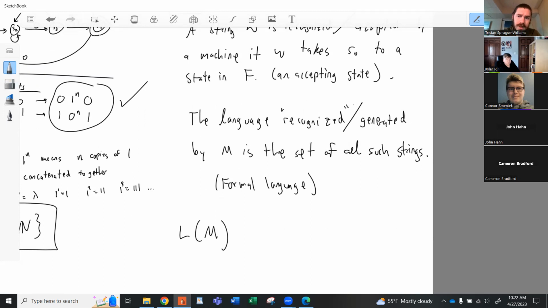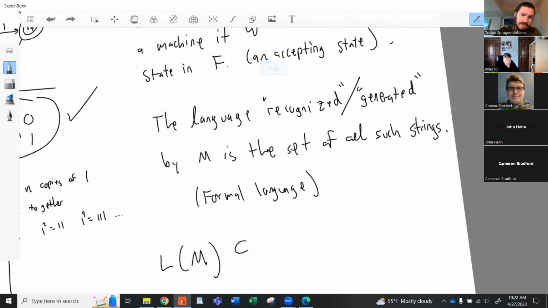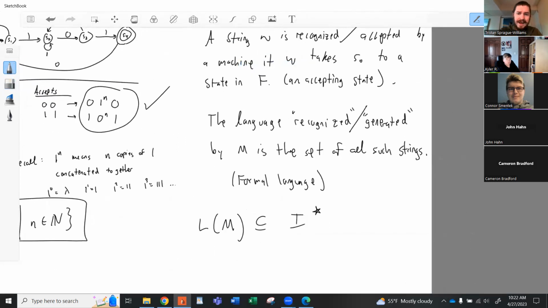And that is going to be a subset of the set of all possible strings over the input alphabet. So whatever that input alphabet was, that set I star is the set of all strings over that alphabet, and L of M is just some subset of that. Okay, it's a formal language using I as its alphabet.